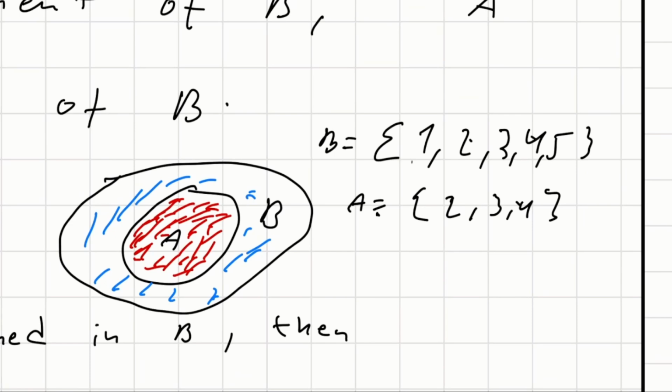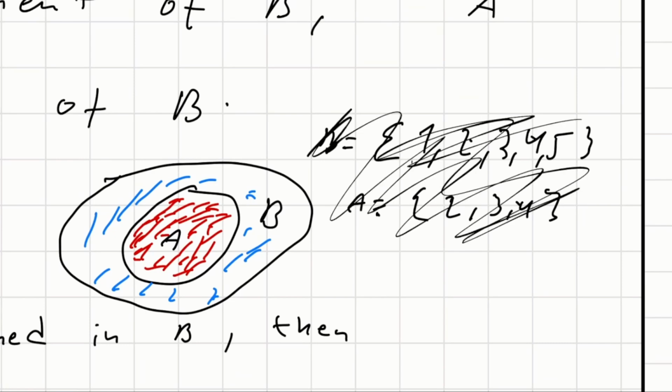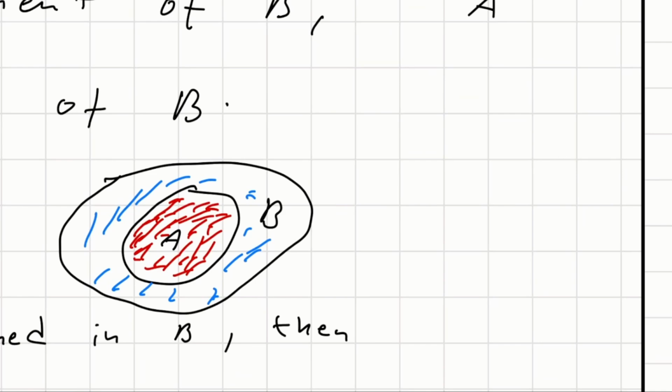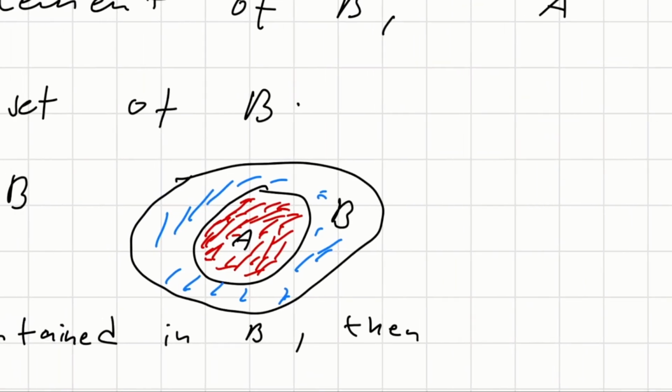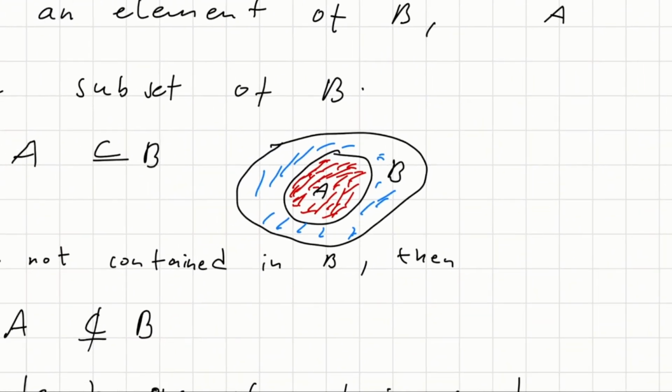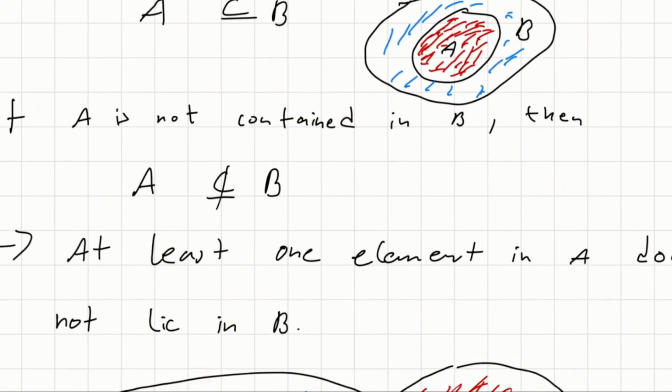A contains some of the same elements as B, but not as many, so they're not equal. But A is a subset of B. Let's say you have 4 apples and your neighbor has 2 apples, and I think the idea should be clear. I don't need an apple example.